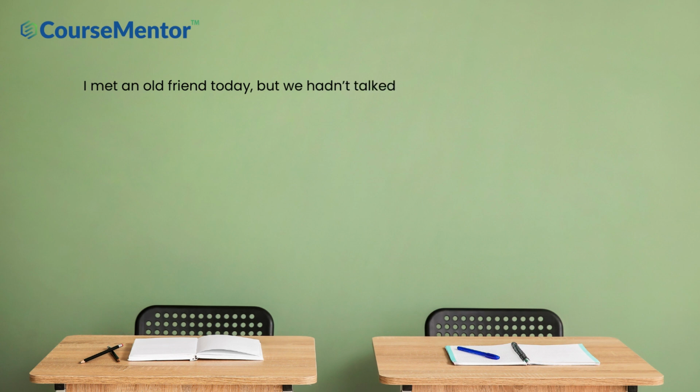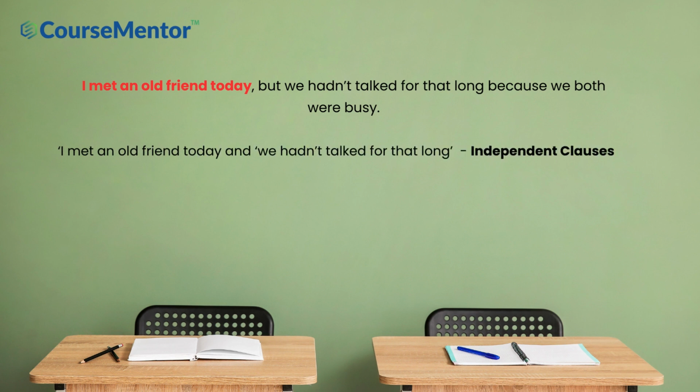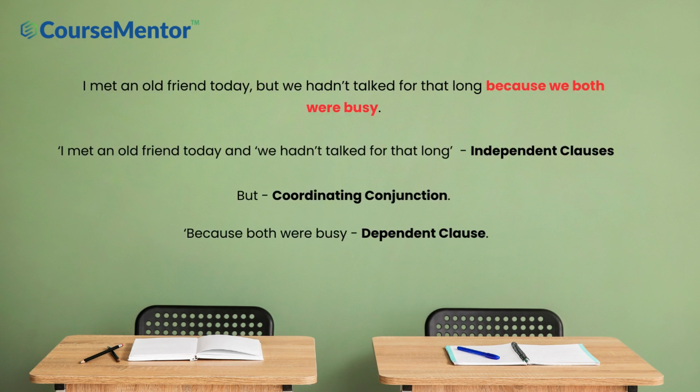I met an old friend today, but we hadn't talked for that long because we both were busy. The two independent clauses here are I met an old friend today and we hadn't talked for that long. They are joined with the coordinating conjunction but. Because we both were busy is the dependent clause, and because is our subordinating conjunction.